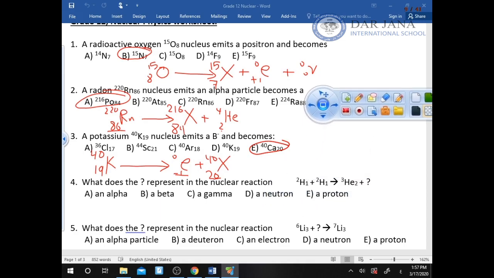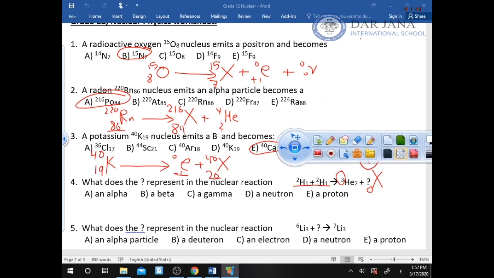We have here a fusion reaction, as you see. Helium 2, we have 3 here. So here we will have X, 1 plus 1, 2, 1, 0. We have proton 1, 1. That's a proton.